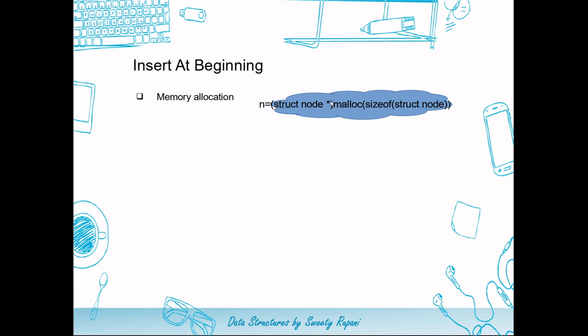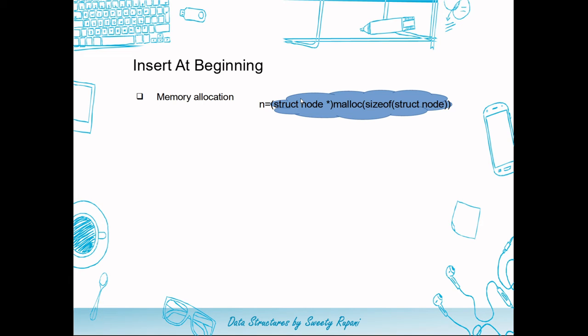This is going to store a node type of data, so this is a node object. So we are casting it as a struct node star. This is an address, so that's why we are writing it, and n is a pointer of this type. So this is going to store the address of a newly created node.